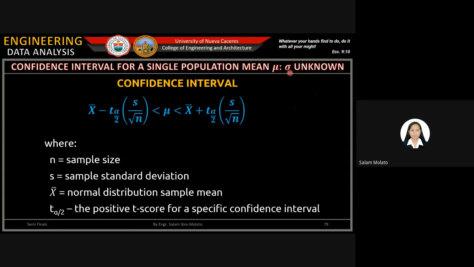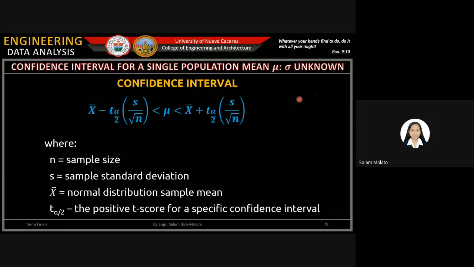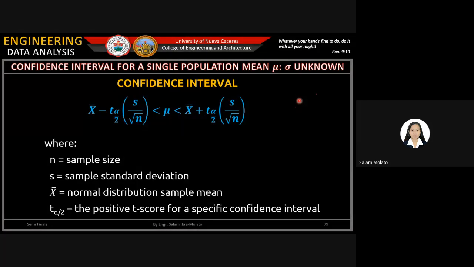If the population standard deviation is known and the sample size n is greater than or equal to 30, you will use Z. But if sigma is unknown and the sample size is less than 30, meaning 29, 28 and below, you will use the T distribution or T sub alpha over 2.